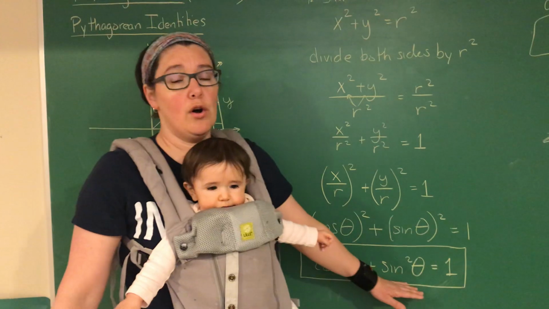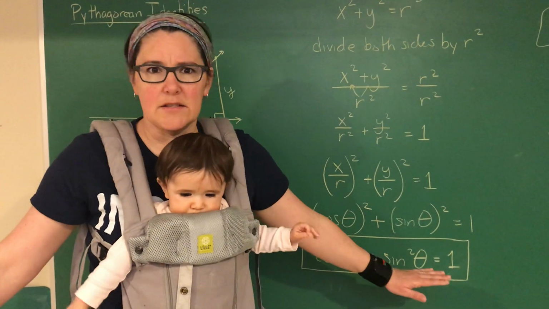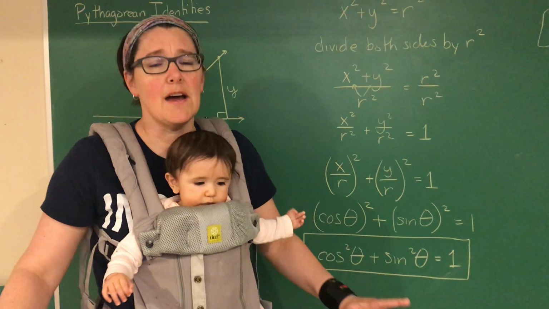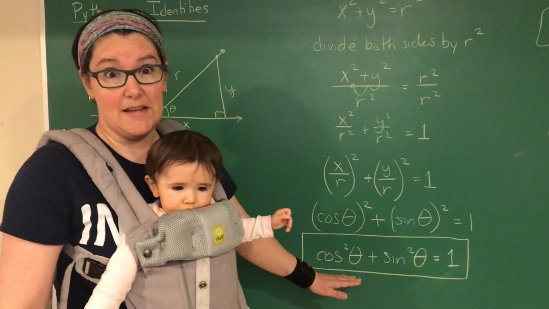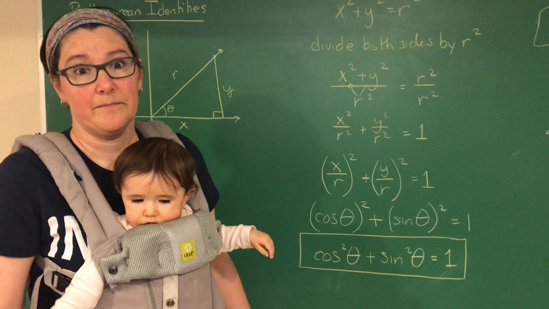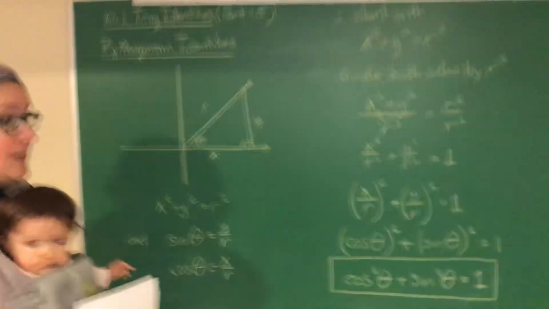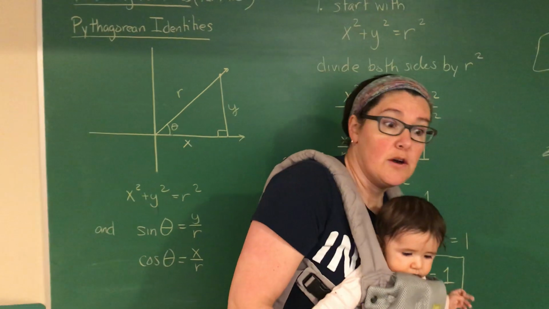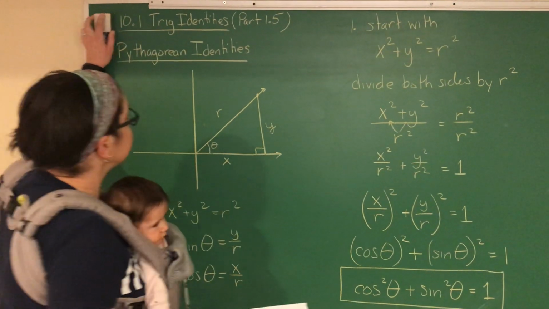This gets used all the time. Okay? If you learn nothing else in this class for the entire semester, learn and be able to state that cosine squared theta plus sine squared theta equals 1. Okay, so that is our first of the 3 Pythagorean identities. There are 2 others that relate some of the other trig identities, and we're going to talk about those as well.